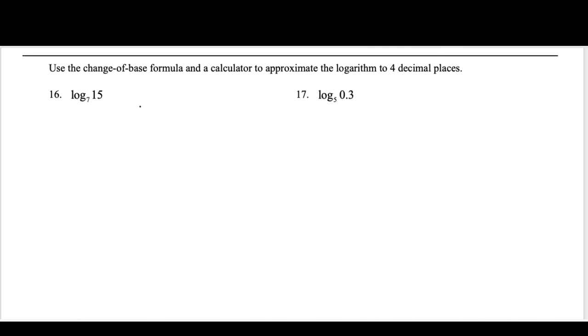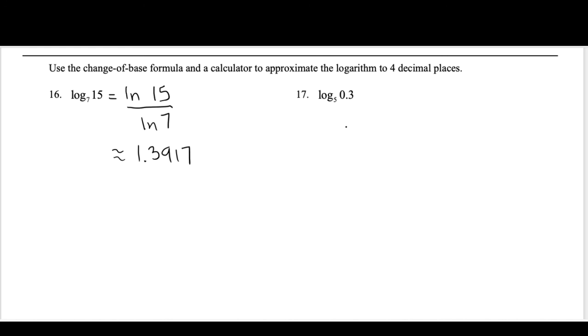But using the base change formula, and then choosing either natural or common logarithms, I can write this as, I'll choose natural, that's usually my preference, ln 15 divided by ln 7. Plug that straight into your calculator, and you'd get approximately 1.3917 if you did that.